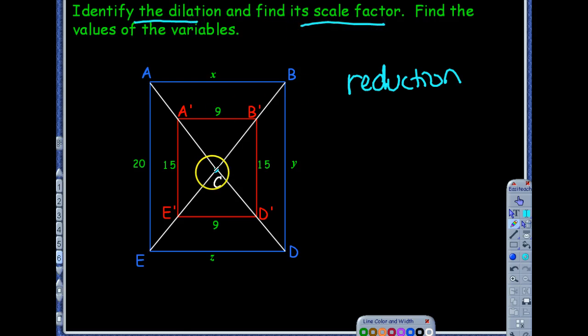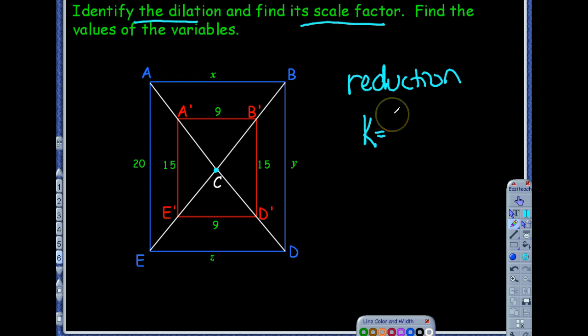Notice here we don't have any of the points to get from the center to any of those pre-image and images. But here we do have some corresponding sides, which is something we've already done before. So this part of finding scale factor will be a little bit more normal. Now, going back to when we talked about scale factor, it was the ratio of the corresponding sides. And usually they told you, okay, compare this to that.